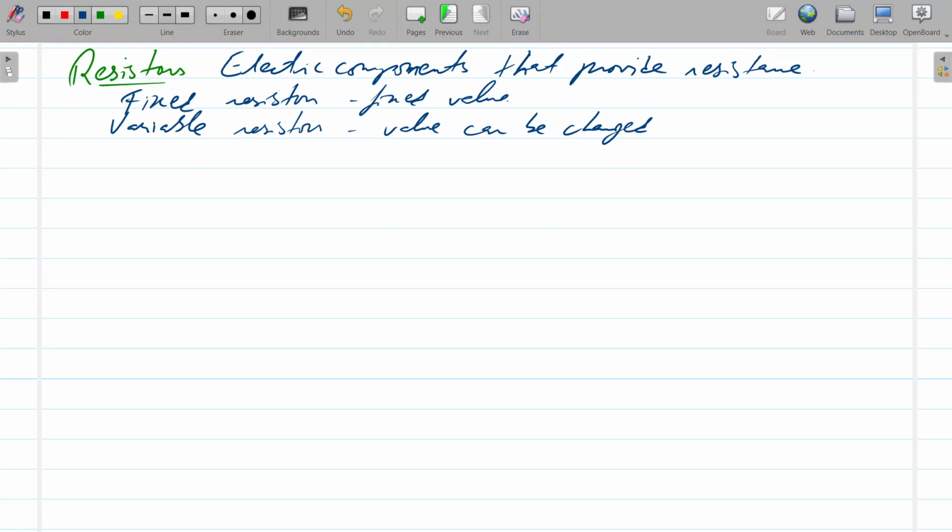They're also called potentiometers. Since it's mentioned in the book, I'm putting it here. Could come up.